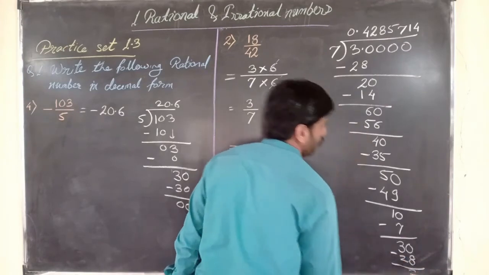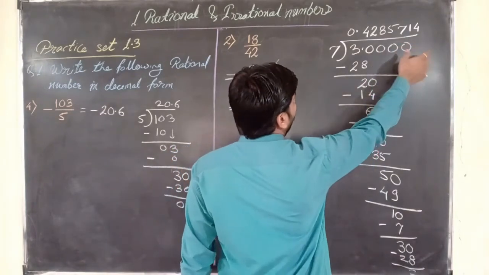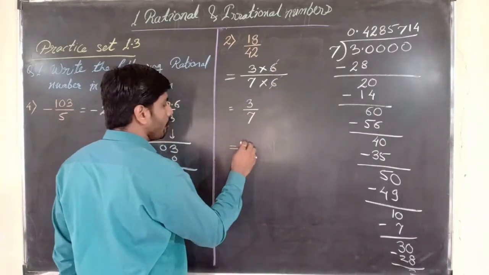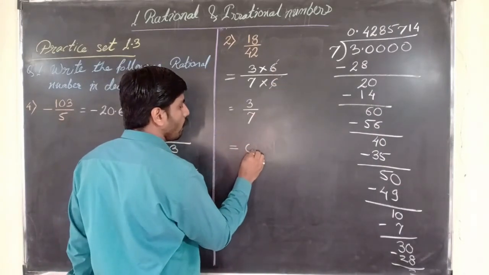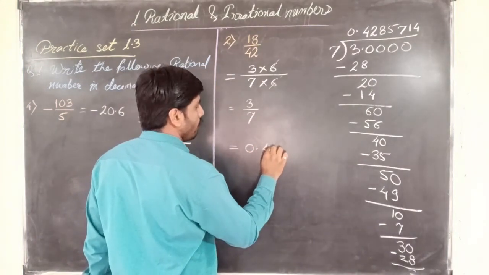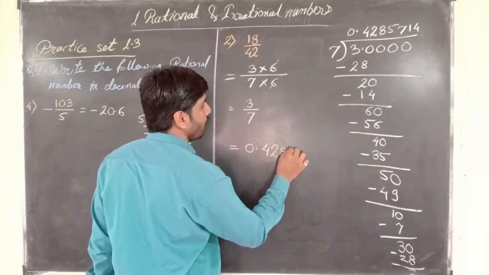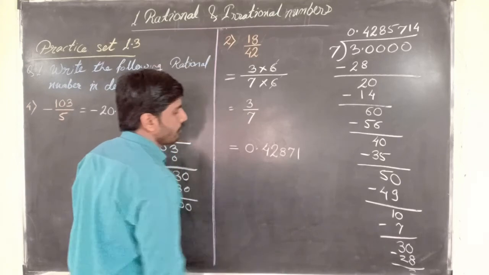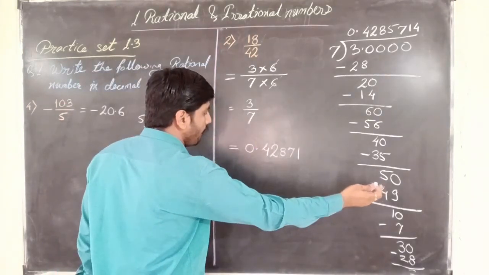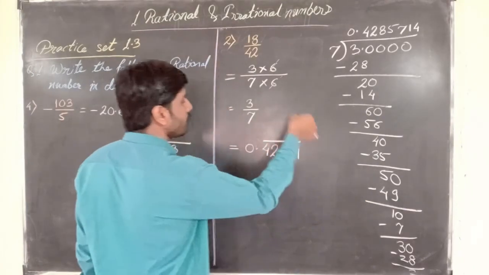Remainder is 2. So again this will become 20. If we divide this, we will get that this number is in repetitive form. So we can write this number as non-terminating recurring 0.428571. These numbers are in recurring form, so we can write a bar over them.